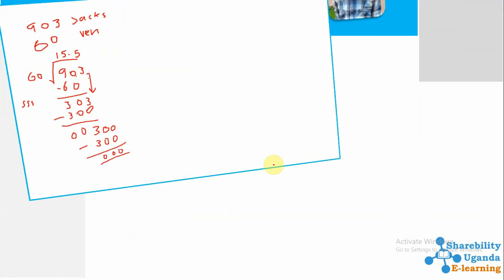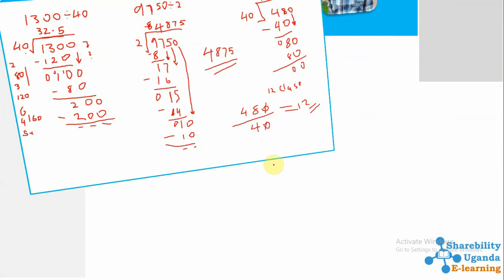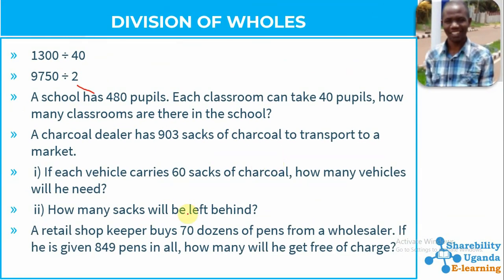Yes, let's also look at the last question which was given. Our last question is here, and they are saying a retail shopkeeper buys 70 dozens of pens from a wholesaler.